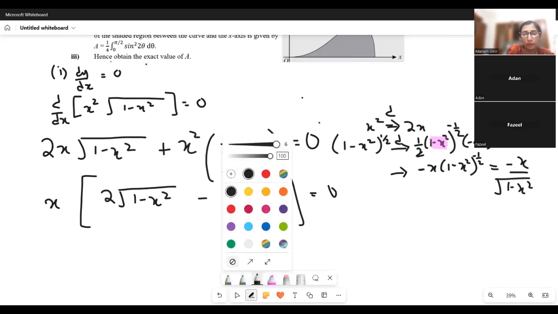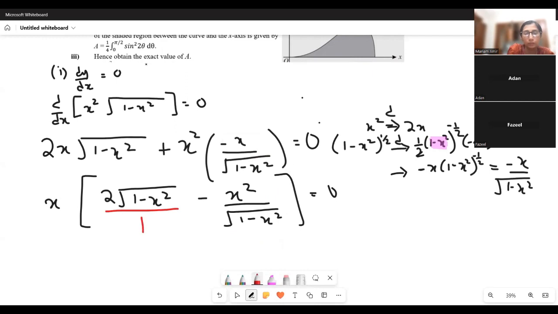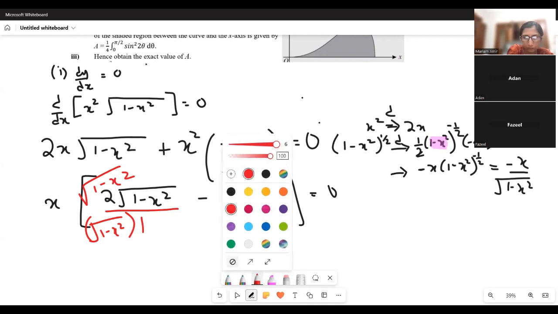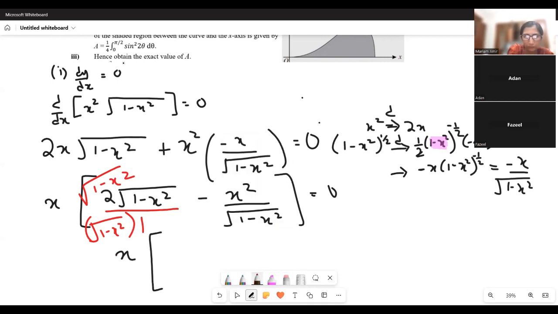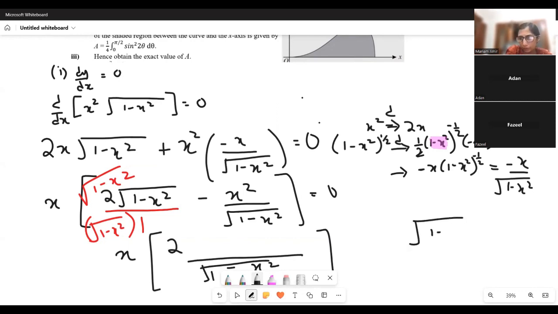So now we have to multiply this with square root of 1 minus x square in the numerator and in the denominator to take LCM. So we have x outside और अंदर ले लिया LCM, which is square root 1 minus x square और न्यूमरेटर में आ गया 2 times. अब square root 1 minus x square times square root 1 minus x square whole square हो जाता है.